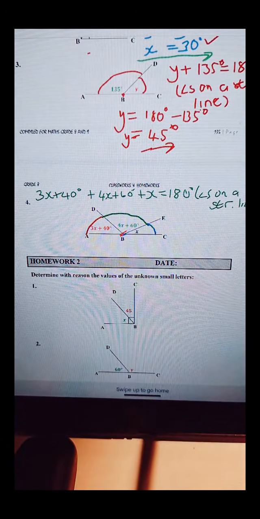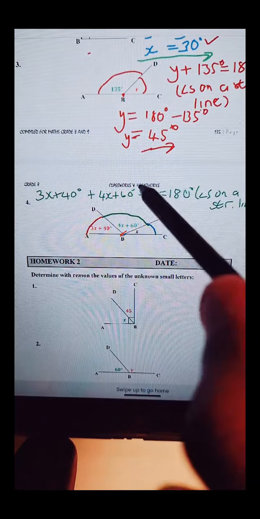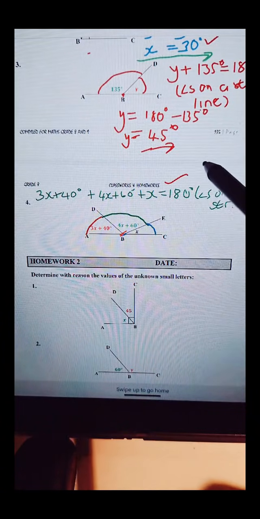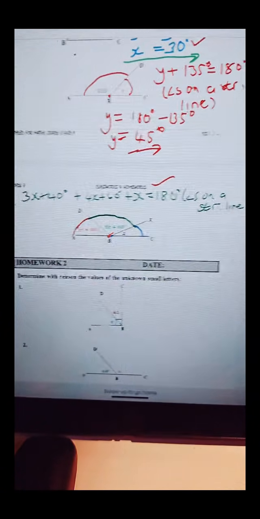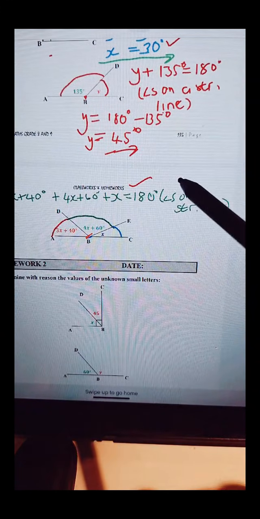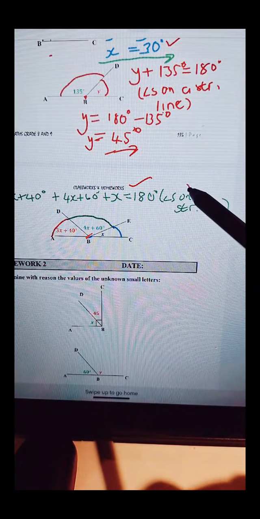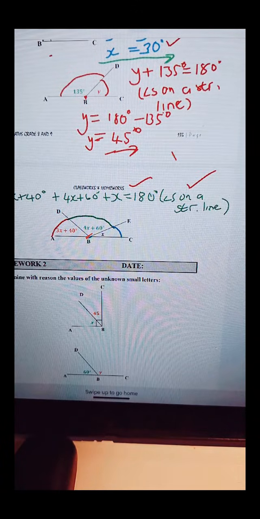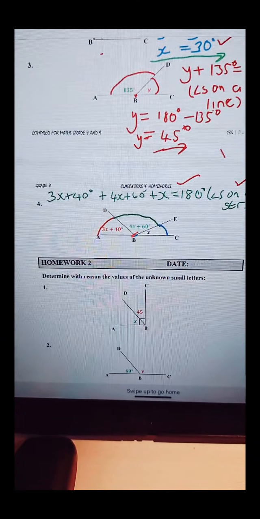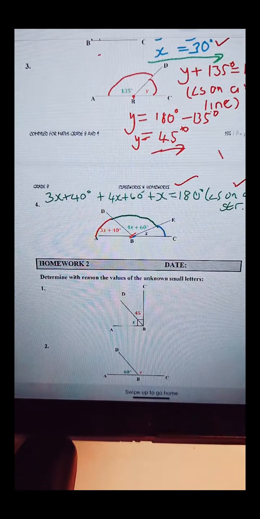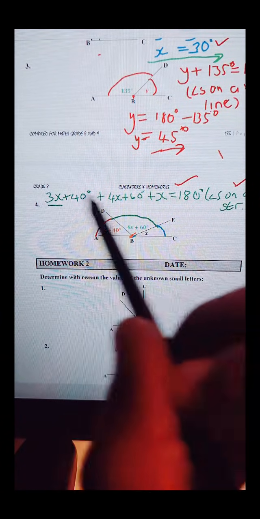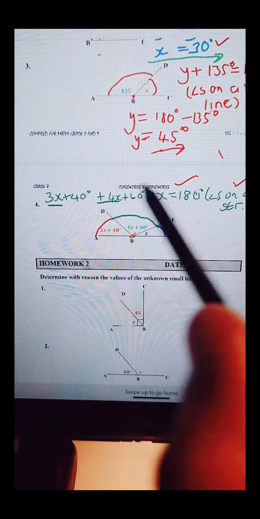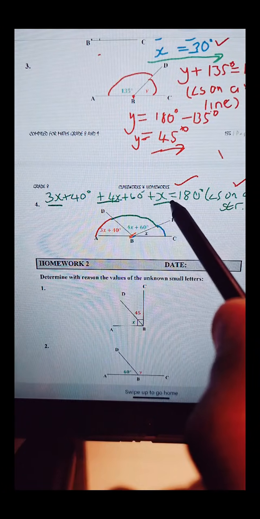Now that we have a statement, which by the way is 100% correct, and we have a correct reason according to the exam acceptable reason guideline, which is also 100% correct, all we now do is add the like terms. 3x plus 4x plus x.